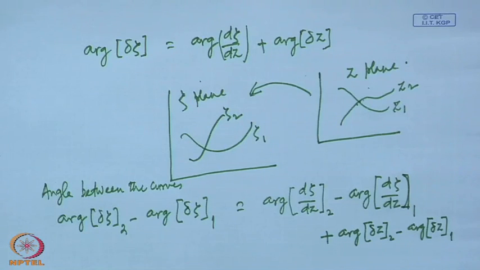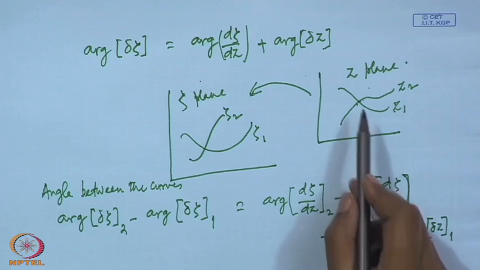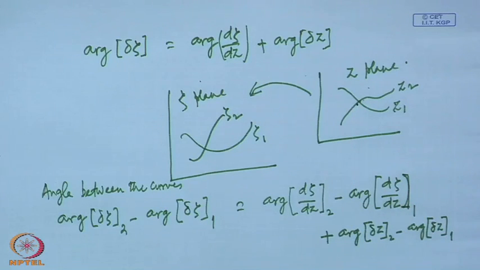Now, this transformation function zeta is analytic, assuming that it is analytic at the point of intersection also. If it is analytic there, then the derivative there is path independent.